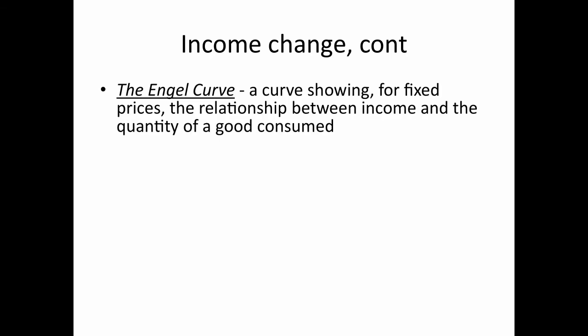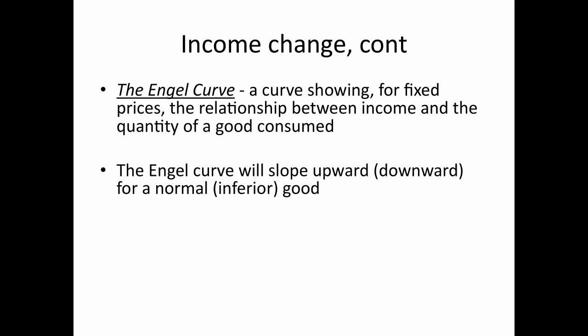The relationship between quantity demanded and income is very important in economics, so much so that we have a special name for it. We call that relationship an Engel curve. This is a curve showing, for a fixed level of prices, the relationship between income and the quantity of a good consumed. The Engel curve will slope upward if the good is a normal good, but it will slope downward if the good is an inferior good.